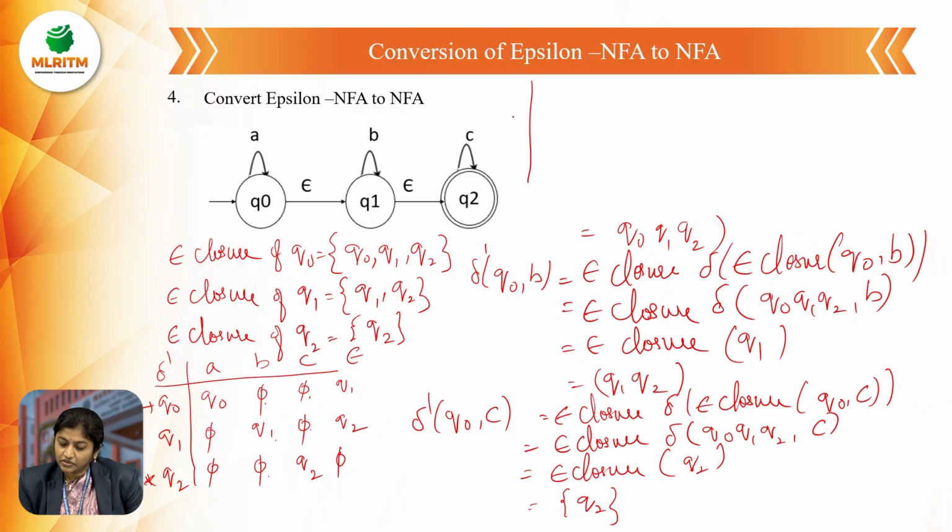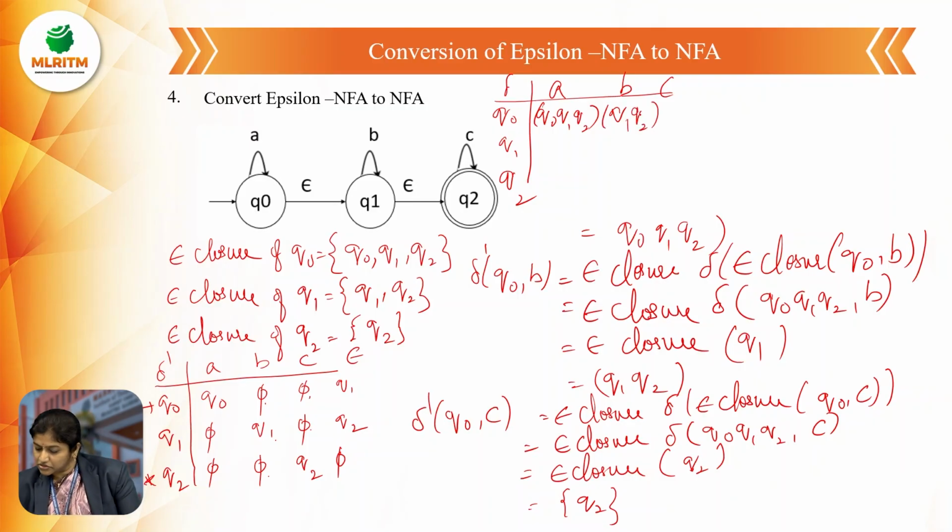This is not delta dash, this is for delta, q0, q1, q2 on A, B, C. q0 on A is q0, q1, q2. q0 on B is q1, q2. q0 on C is q2.